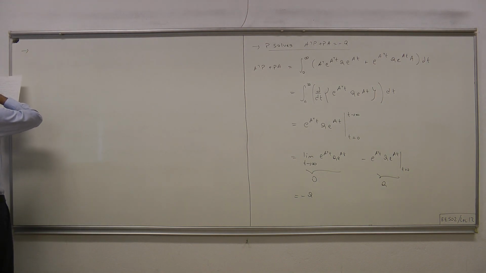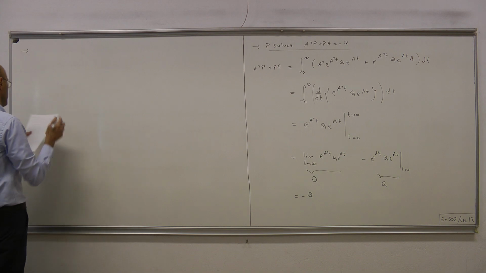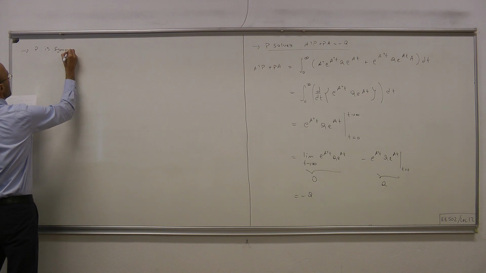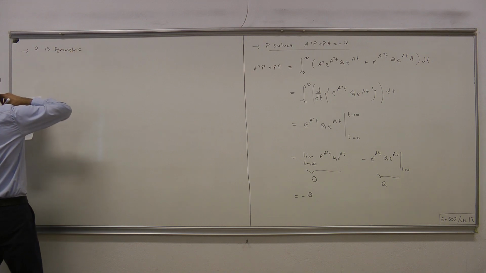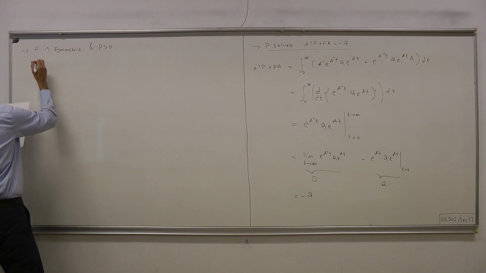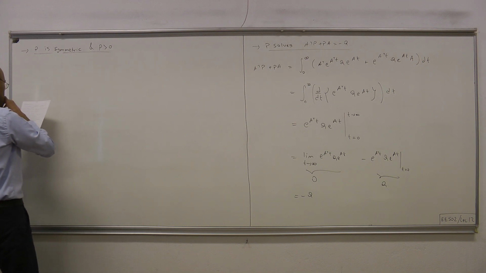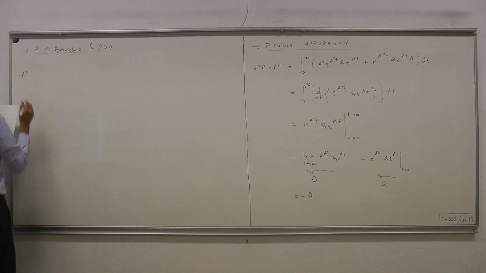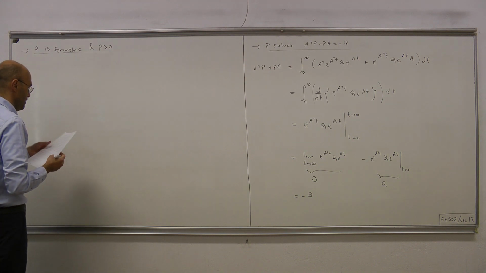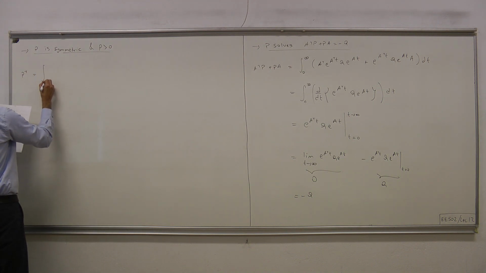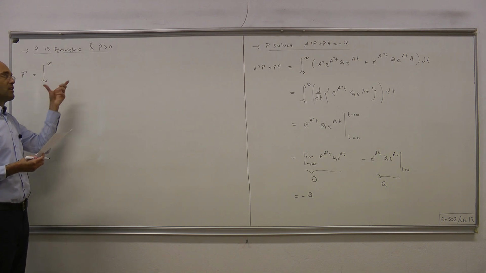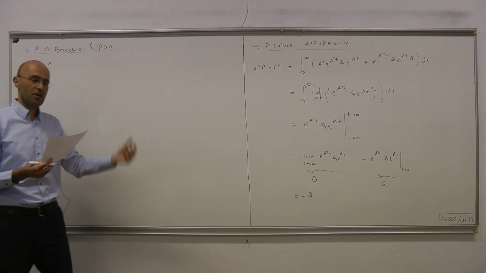Okay, so we're still proving 2 implies 4. Now let's show P is symmetric and it's a positive definite matrix. To show P symmetric, all we have to do is show that P transpose equals P. So P transpose is the transpose of the integral, which is the transpose of the integrand integrated.